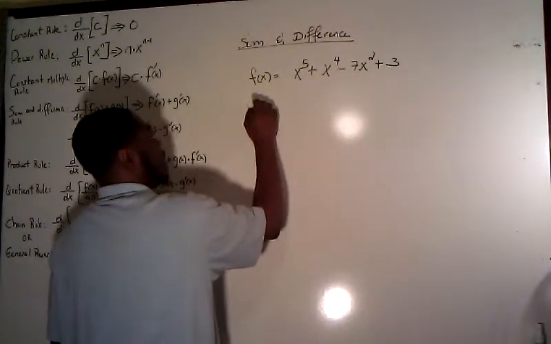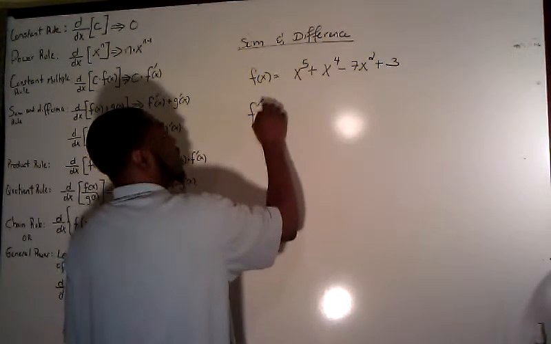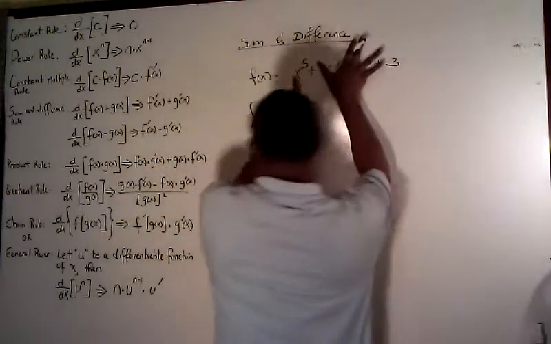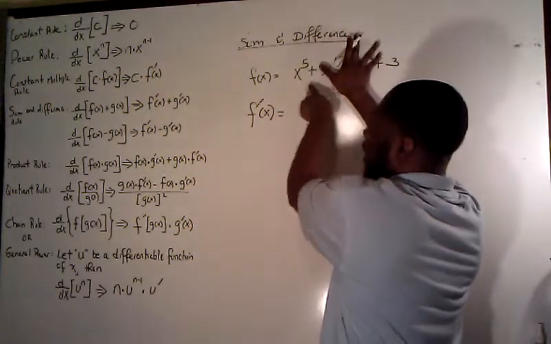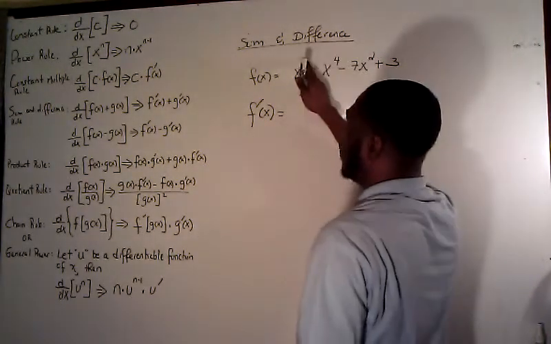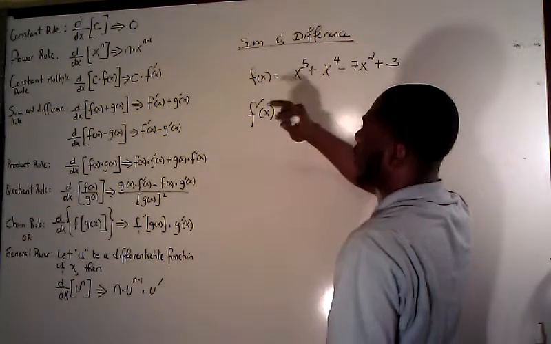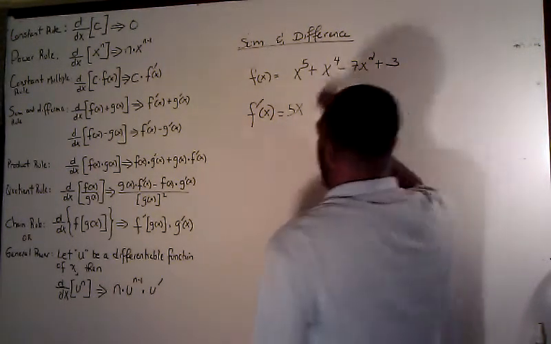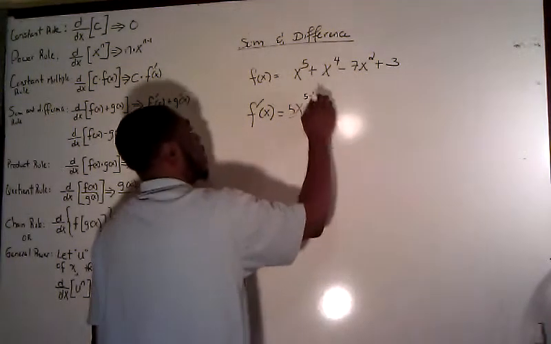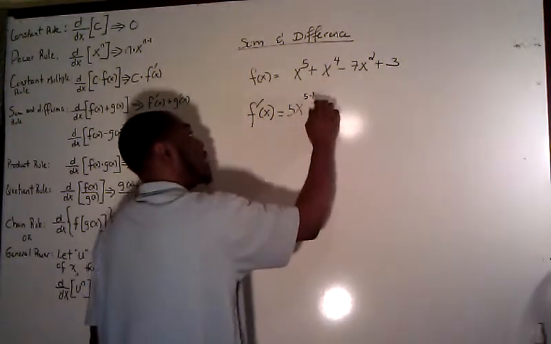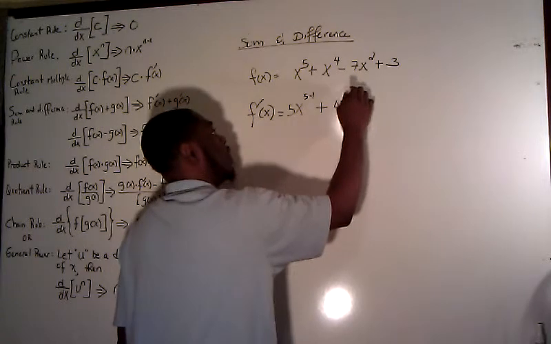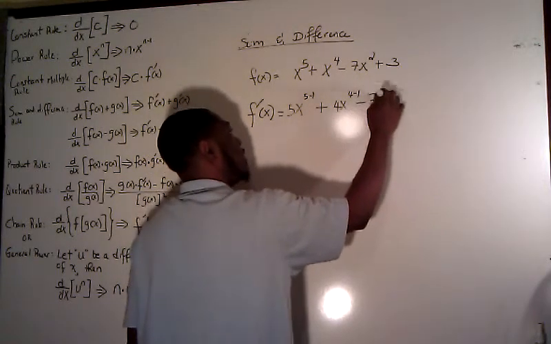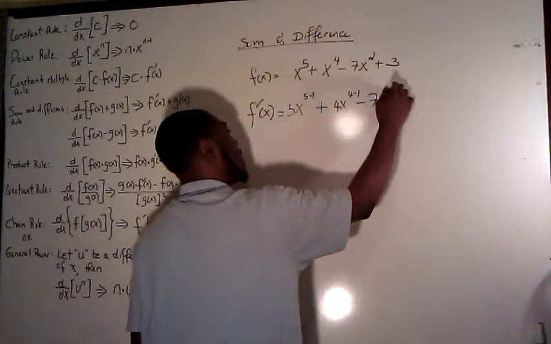So f prime of x is simply looking at this individually right here and taking the derivative of that. Taking the derivative of this means we bring the power to the front. So 5, and we subtract 1 from the power, 5 minus 1. Then go to this one, you do the same thing, 4, x to the 4 minus 1. Go to that one, you do the same thing, x to the 2 minus 1.